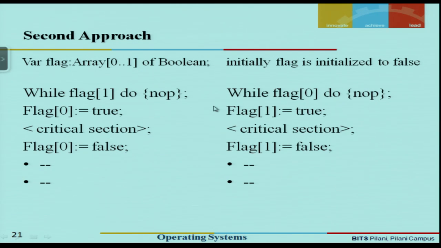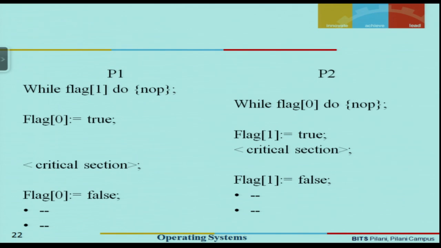Let us look at that. Are there any pitfalls in it? Let us analyze whether it satisfies all the criteria which we had laid down, that is mutual exclusion and other things. So here we are trying to show interleaved execution.